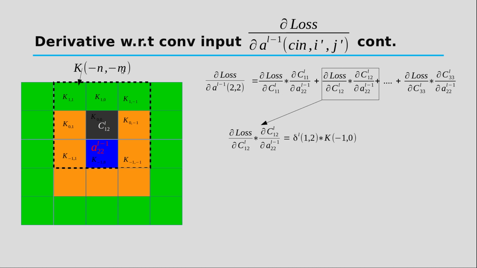K minus 1 minus m is a rotated version of k and m, and so k minus 0 1 comes down here because it's the only element multiplied by 822. When you do the derivation with 822, that is the factor that comes down here. Easy.